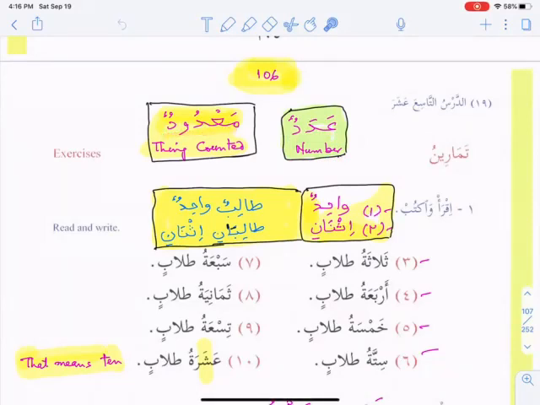Number 1 and number 2 are like an adjective: wahidun. And how do you use it in a sentence? Talibun wahidun, one student. And number 2 is isnani, talibani isnani.